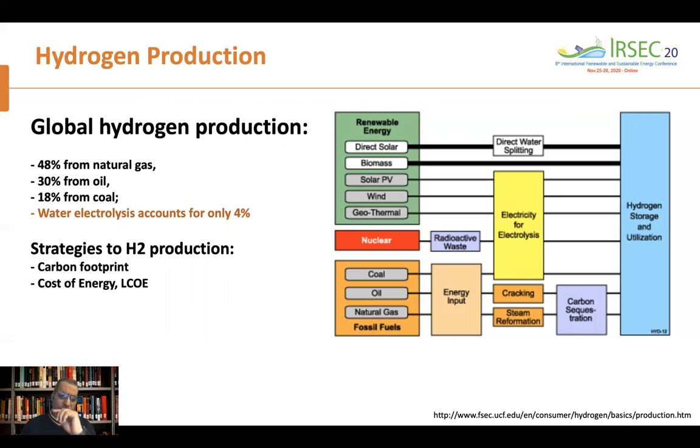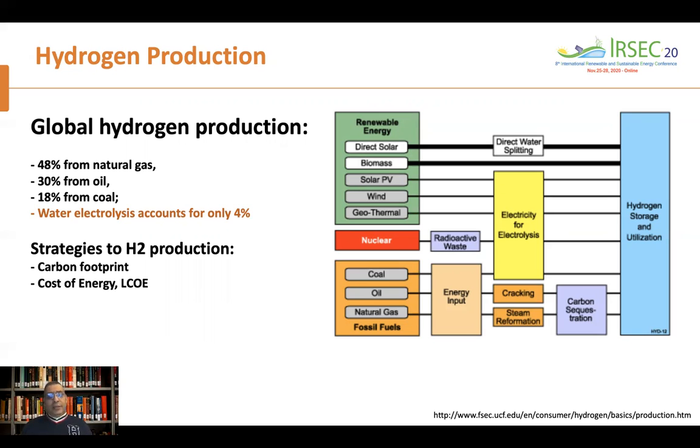So, for example, 50% comes from natural gas, 30% from oil, and 18% from coal. As fossil sources, they are all industries emitting a greenhouse footprint. And also, if you see, water electrocatalysis, for example, accounts for only 4%. It is not sufficient for us.